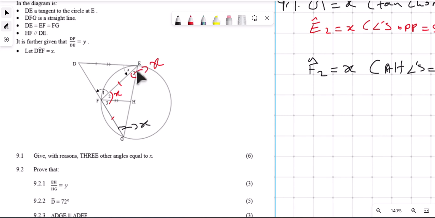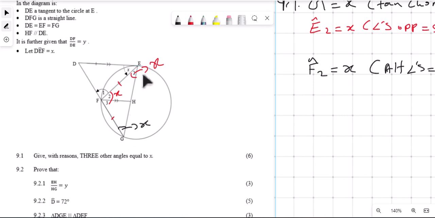EH over HG is the same as DF over what? No, FG. And we have parallel lines here.